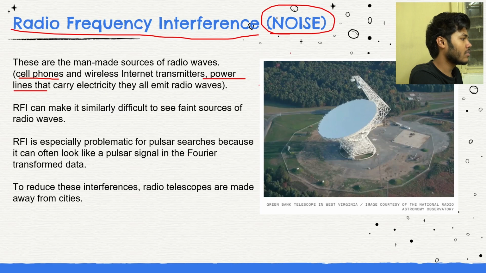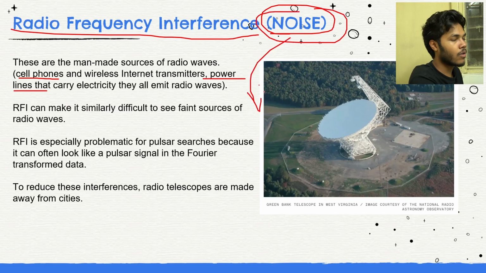This noise makes it difficult for us to analyze the signal of the pulsar. To reduce this interference, radio telescopes are built away from the cities. Like you can see here, this is the Green Bank Telescope in West Virginia. So you can see the area surrounded by these telescopes.